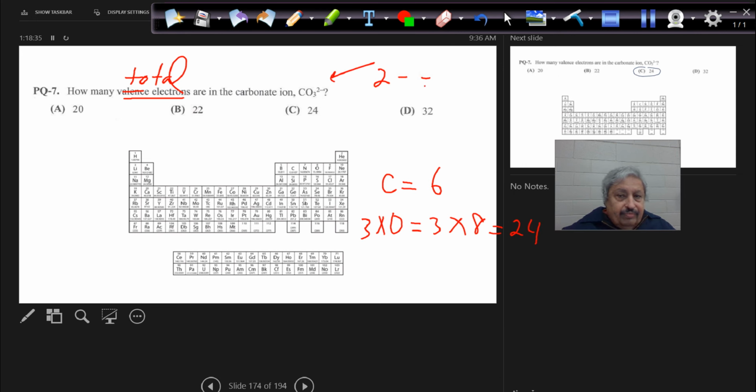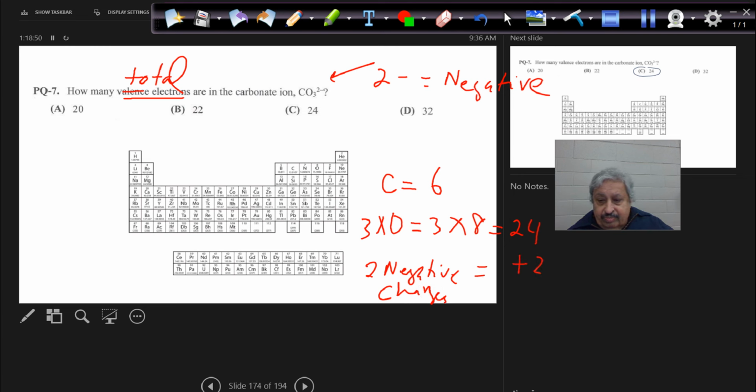For a negative charge, do we subtract or add? We have to add 2. So total will be how much? 6 plus 24, that's 30, plus 2. The answer is 32. The answer is 32.